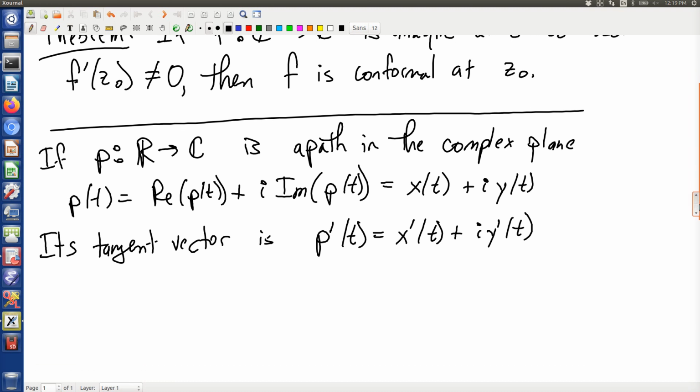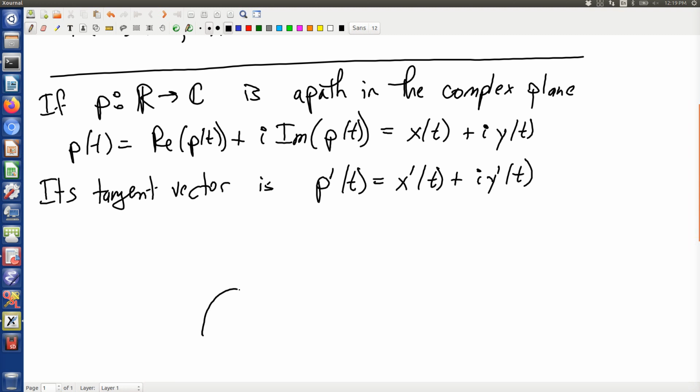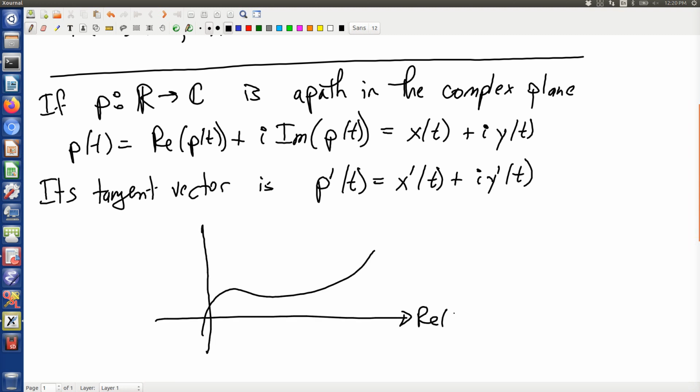Now you might ask, graphically, here's my real part of z and my imaginary part of z. If I'm at some point p of t, the tangent vector is going to be pointing off like this.